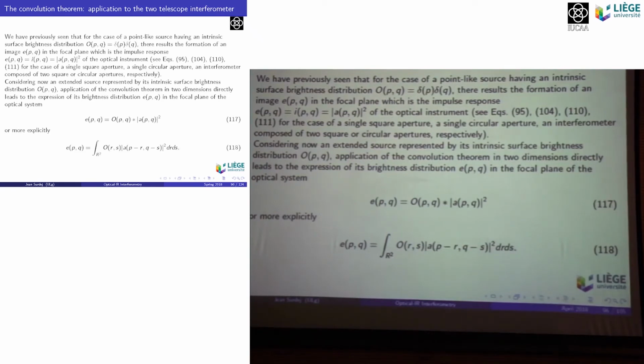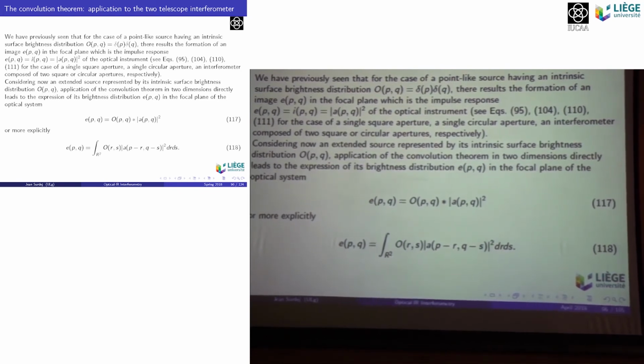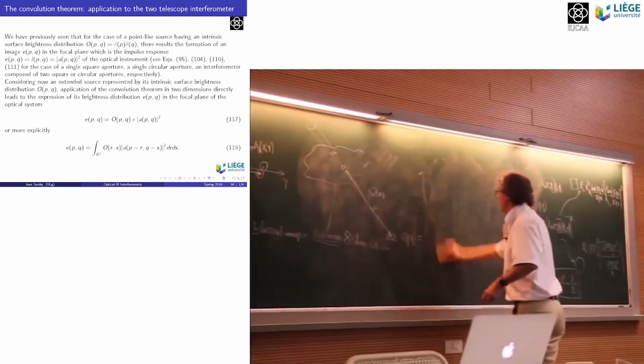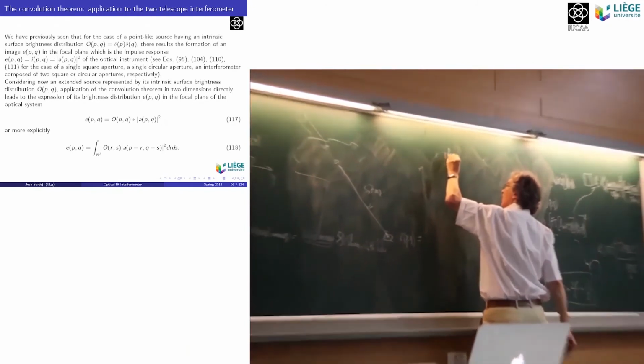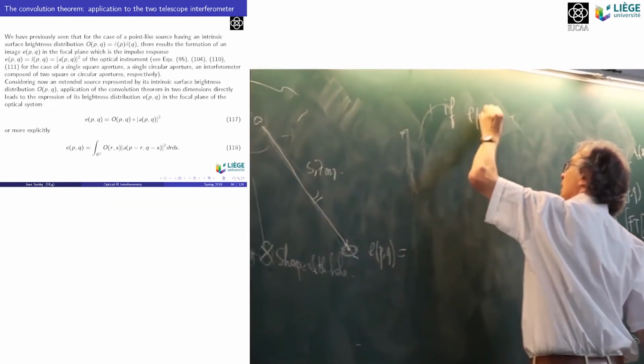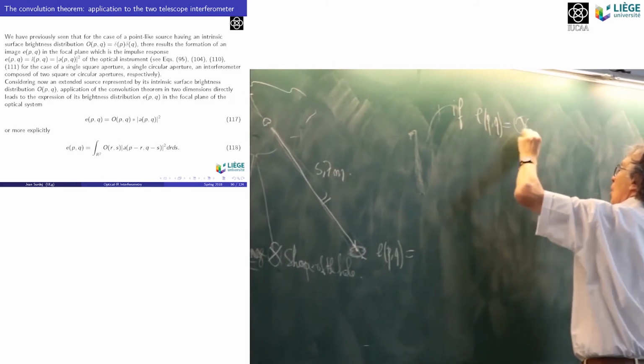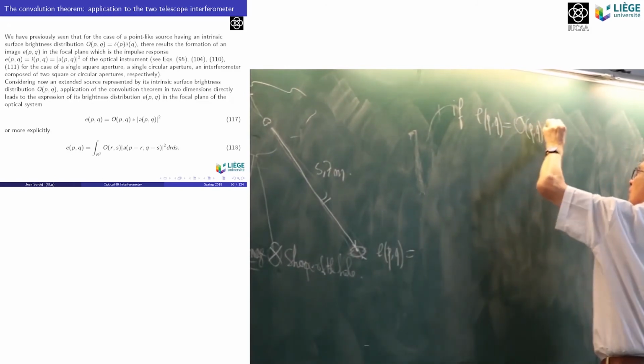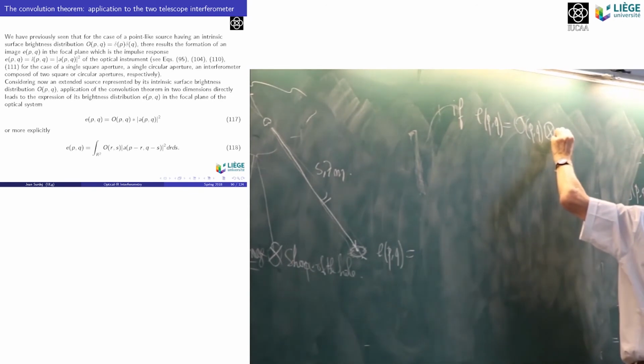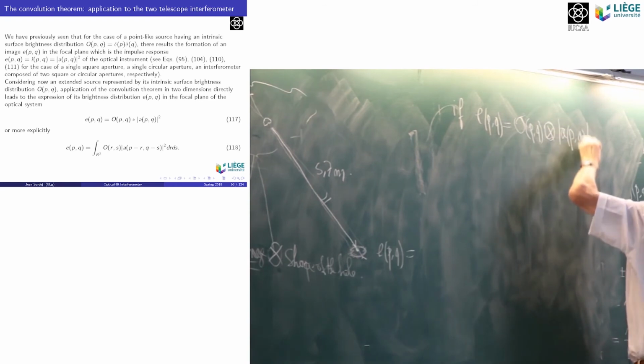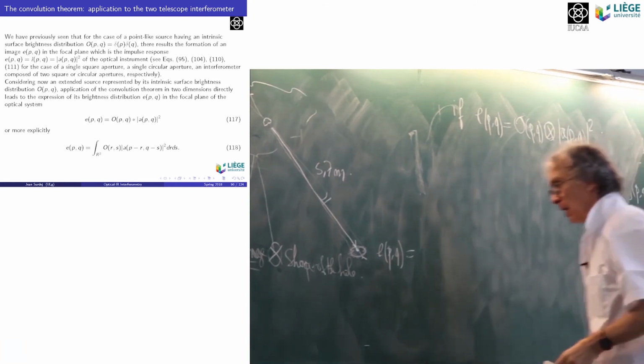Now, when we see that, we say, wow, it should be possible to take the Fourier transform of both sides. So let's do it. If E(p,q) is equal to O(p,q) convolved with the response function of our interferometer, I now take the Fourier transform of both sides.